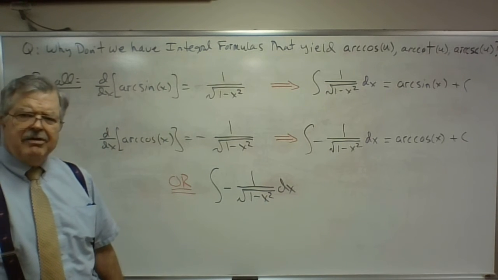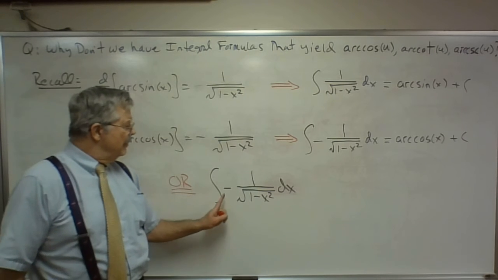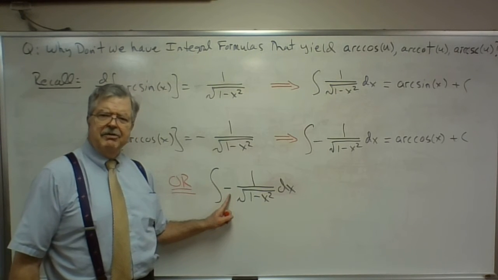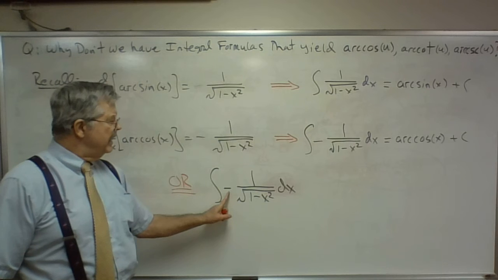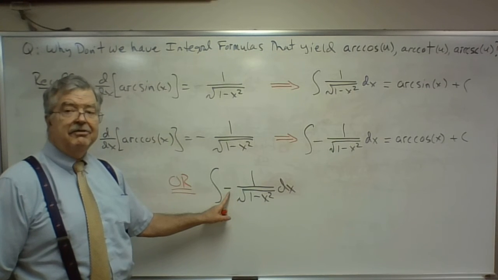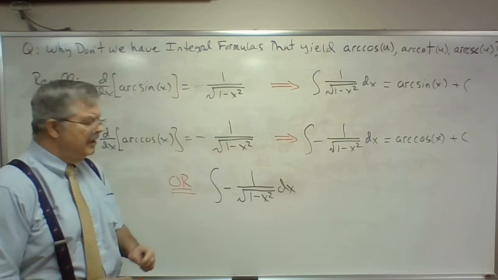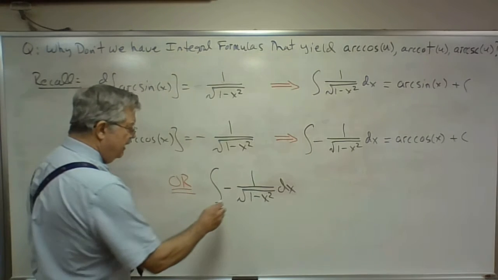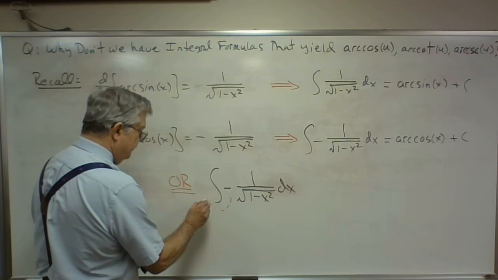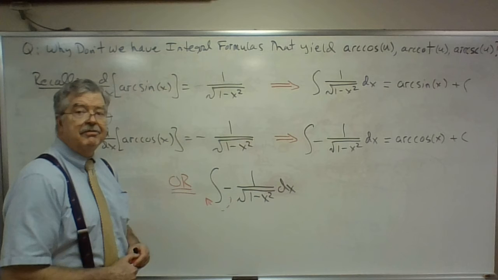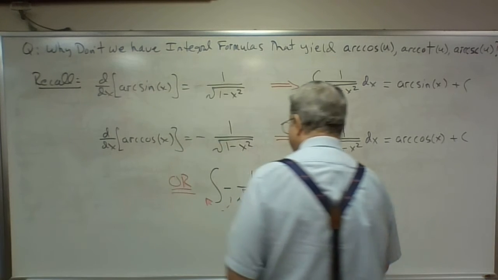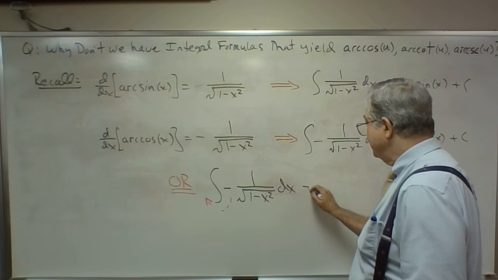And let me ask you something. What do we usually do with an integral when we have a constant inside the integral sign? Don't we usually take that constant factor and move it out front? You bet we do.